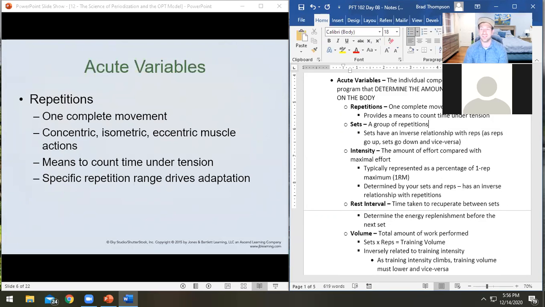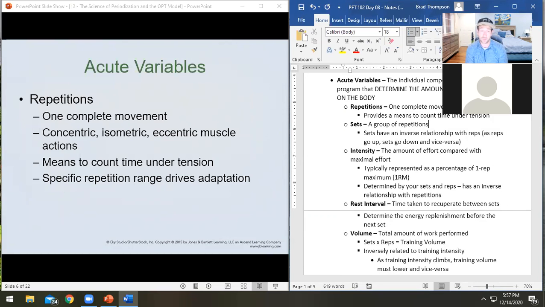But here's what's weird about this. This is almost like a catch-22. Reps are used to count time under tension, but I don't want you to necessarily think that the aerobic system, let's use that as an example, is only targeted when you do 20 reps.